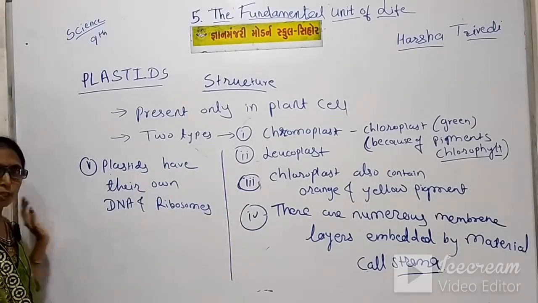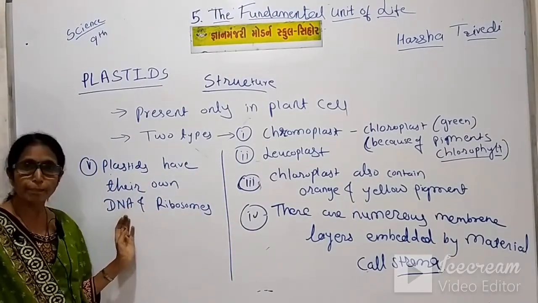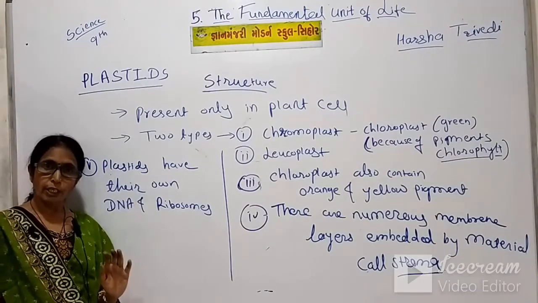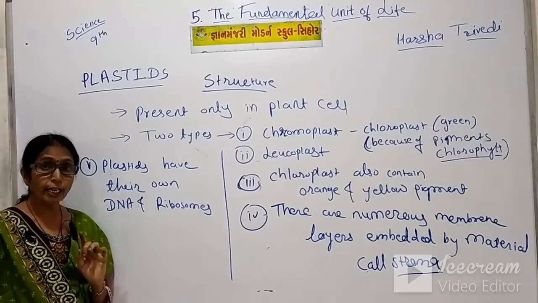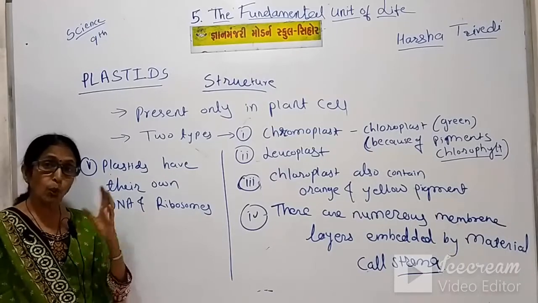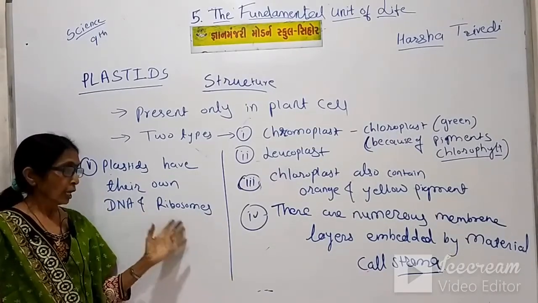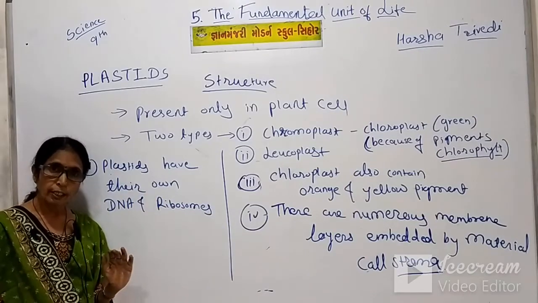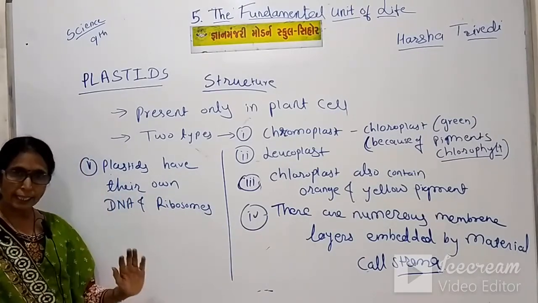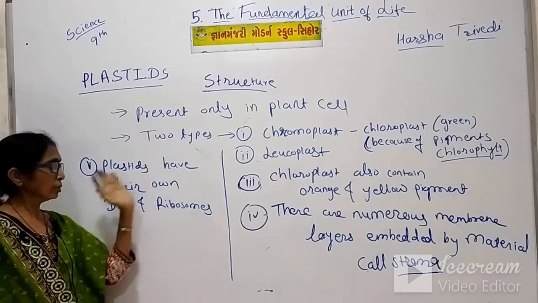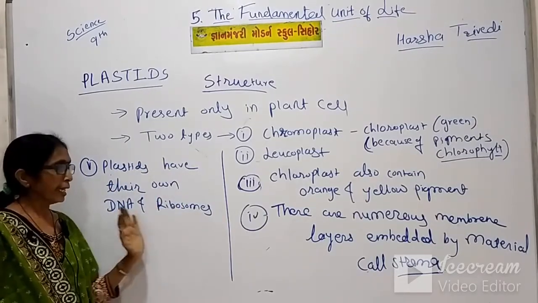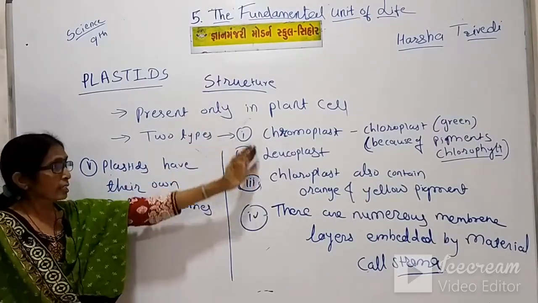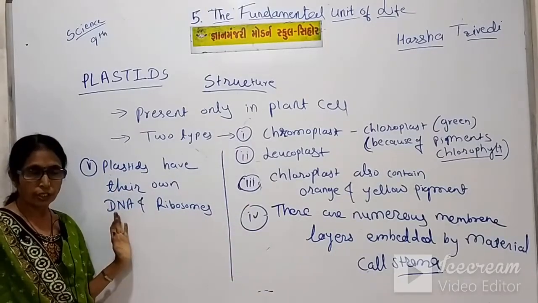Students, as we know, DNA is present in the nucleus, but mitochondria have their own DNA and ribosomes. And what is the function of ribosome? Synthesization of protein. So, like that, plastids have their own DNA and ribosomes. So, this is the structure of plastids.